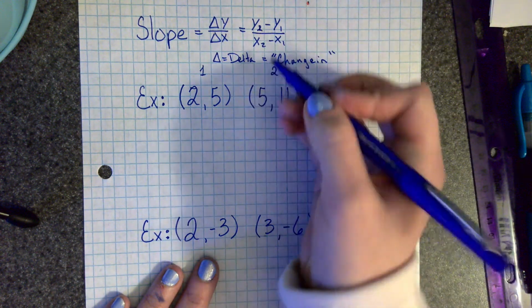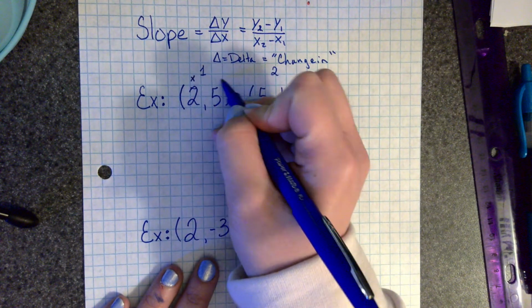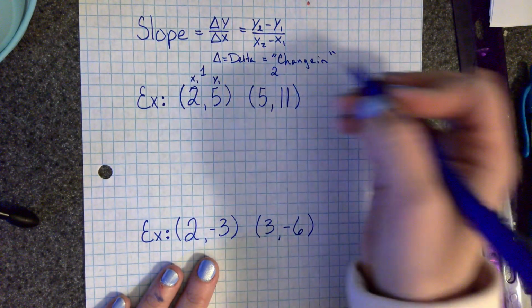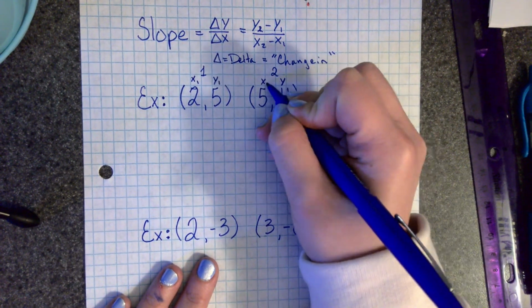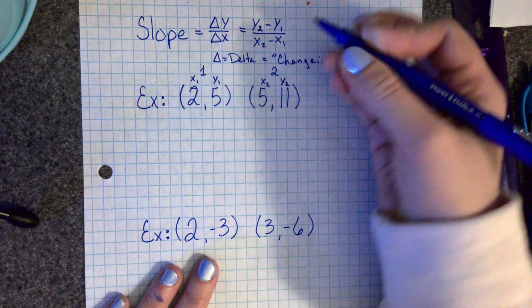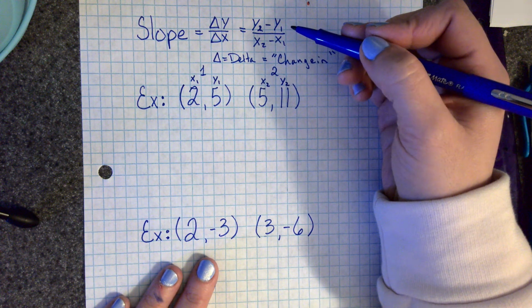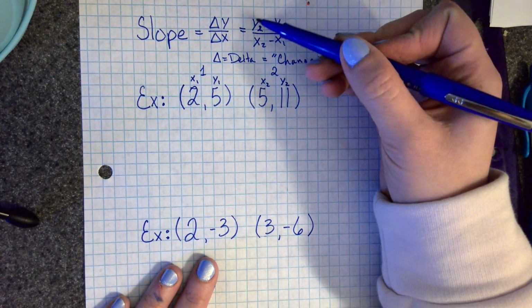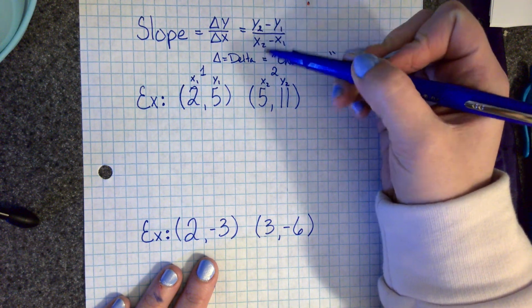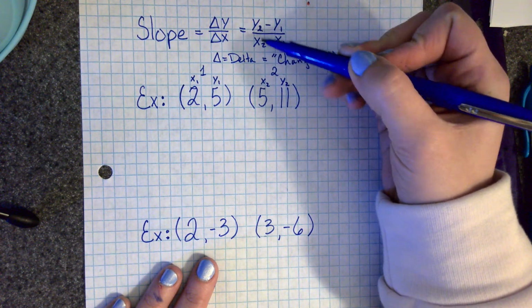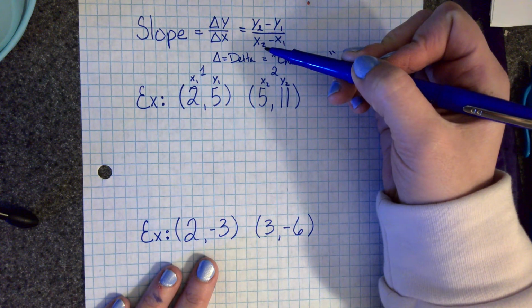That's because x and y on point 1 is x1 and y1, and then x and y on point 2 is x2 and y2. Really important in this formula, you'll notice that y2 and x2 come first. They really need to do that, okay? Whatever your second point is, make sure it is y2 and x2 that come first.